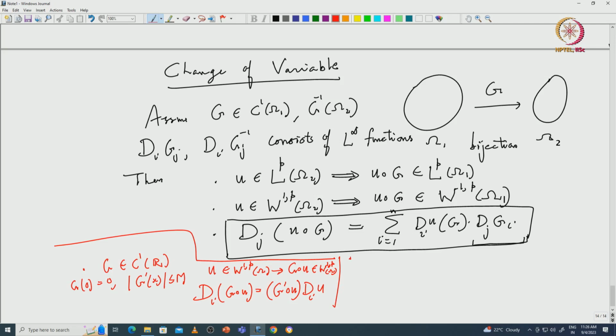Another thing is a little important, and we will be using it. Suppose G is not smooth, suppose G is only Lipschitz on R, with G0 equal to 0, and omega bounded.